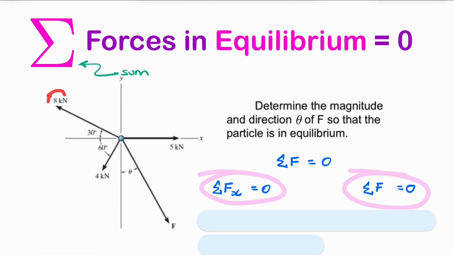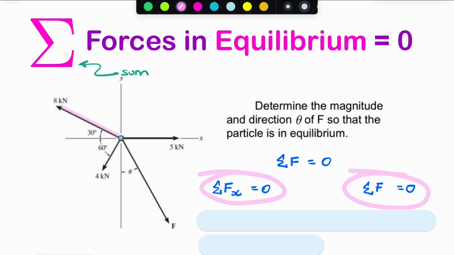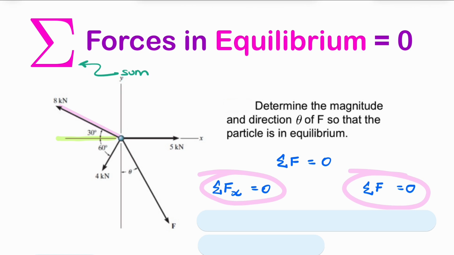So if you look at this 8k Newton force, that will have a horizontal component there. That is simply 8,000 multiplied by cosine of that angle, because it's the adjacent side.